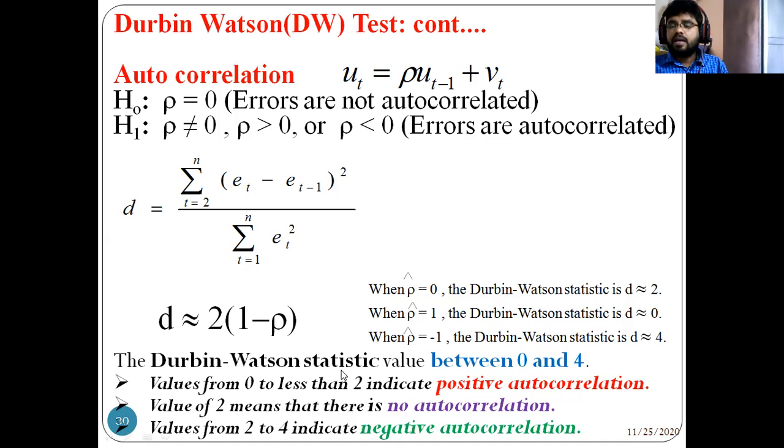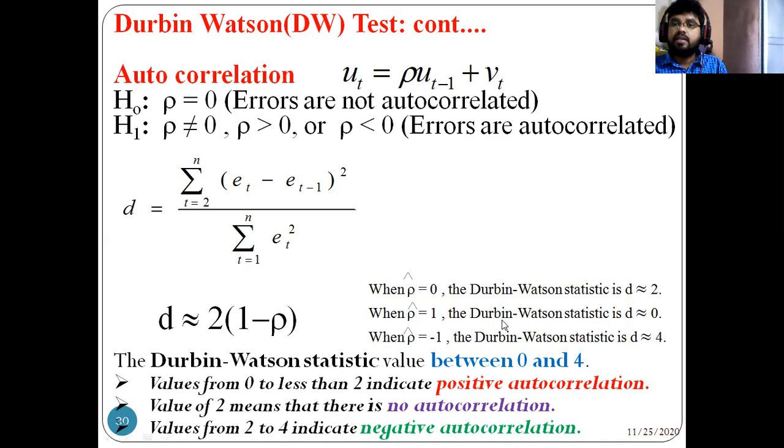As I told you, the D value lies between 0 and 4. If D is between 0 and 2, it means there is a positive autocorrelation. Sorry, it is less than 2.